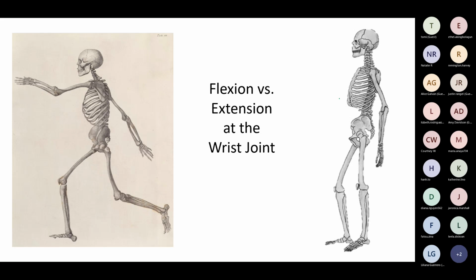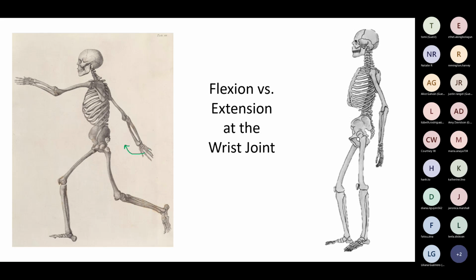So remember that in anatomical position, your palms are facing forward. When I flex at the wrist joint, I am pulling my hand closer to the radius and the ulna, flexing it.